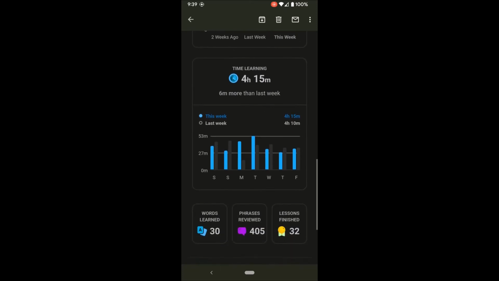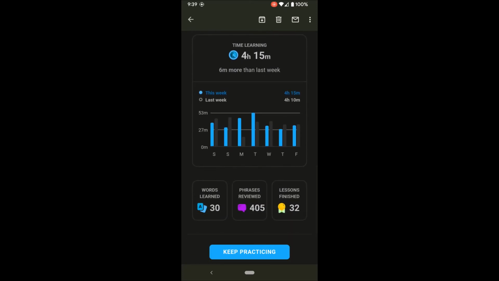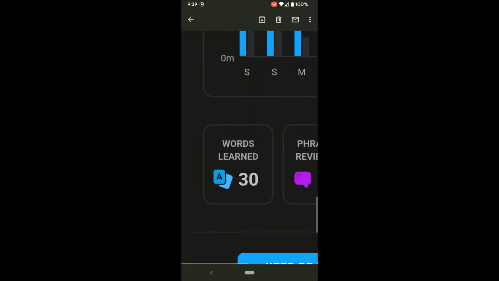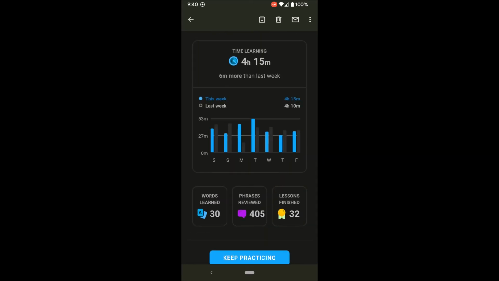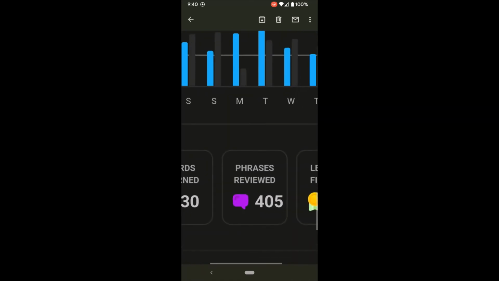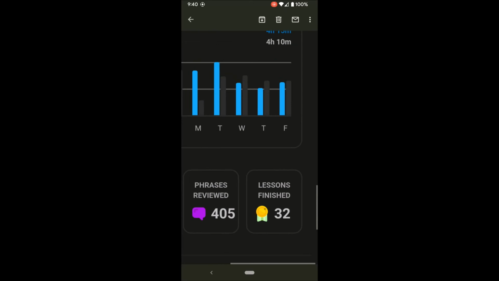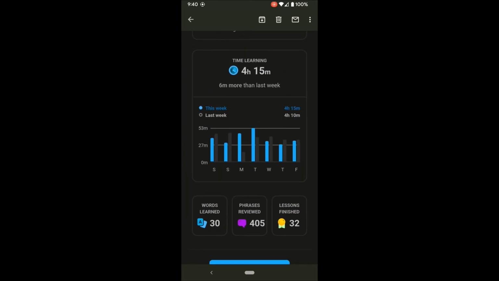And then, like I said, I reached 750 words learned. So I learned 30 new words this week. I reviewed 405 phrases and I finished 32 lessons. So it was a busy week with, like I said, I got 7 crowns and lots of learning.